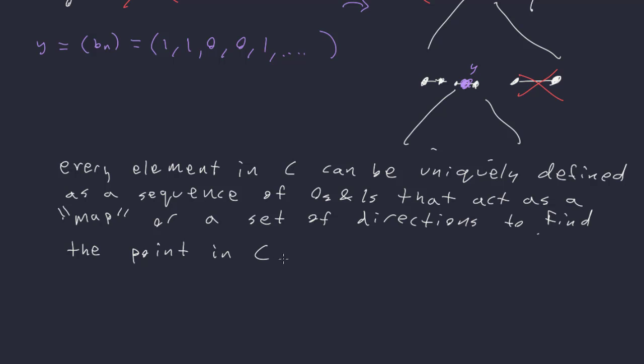So here it's 1, 1, 0, 0, 1. So this tells me that for Y, I'm going to go right, right, left, left, right, and then just continue to follow the directions. Okay?